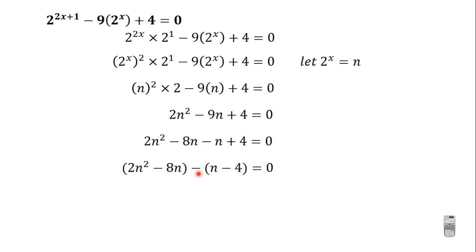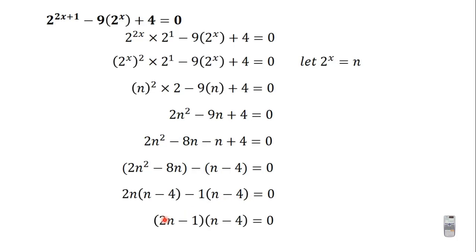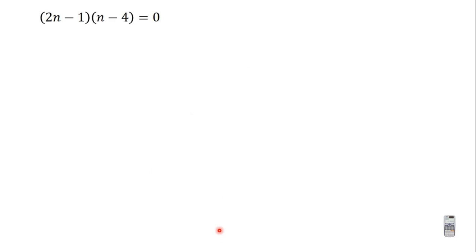If we simplify this, we are going to have 2n into bracket n minus 4, minus 1 into bracket n minus 4. Now, this will give us 2n minus 1 in one bracket, n minus 4 in the other bracket, is equal to 0 here.